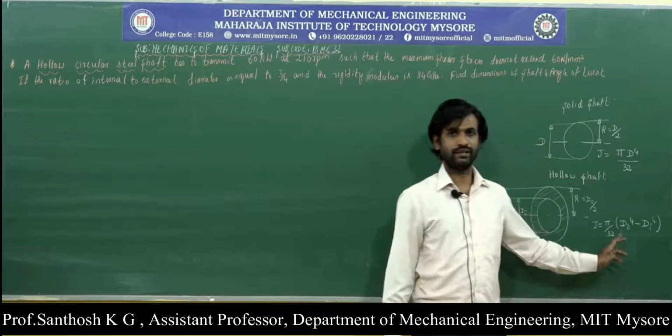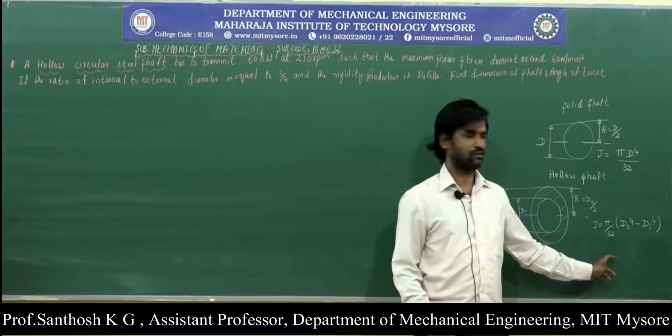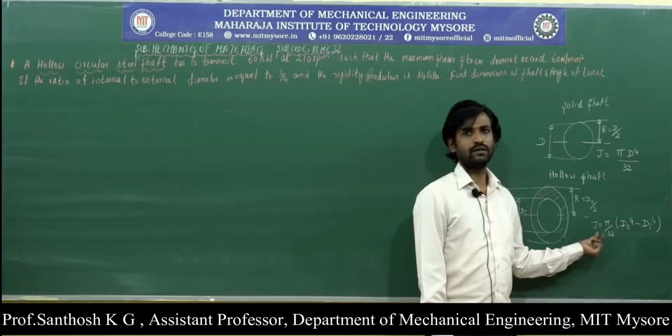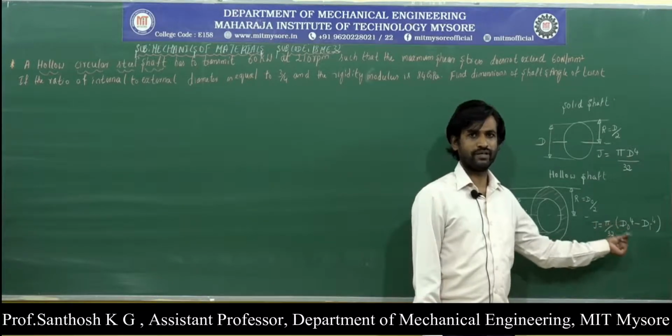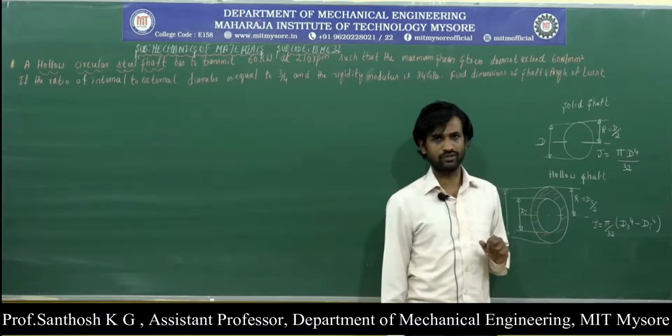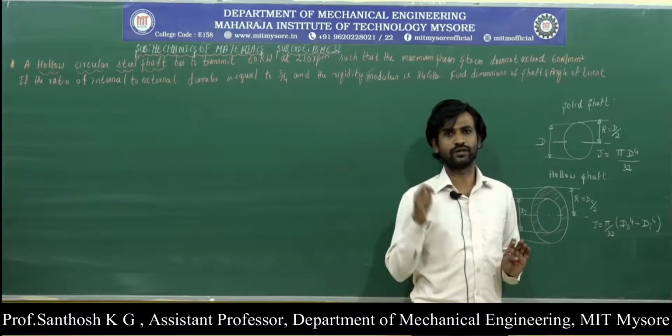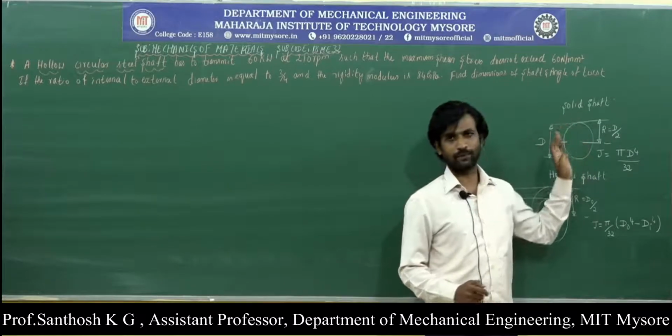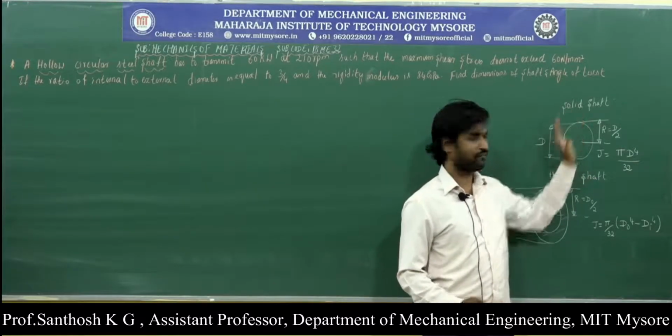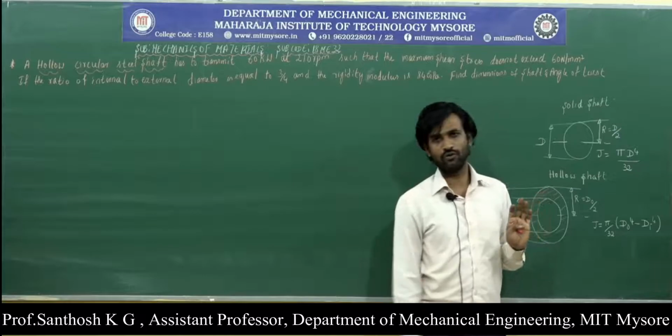This is the equation we can use to find the polar moment of inertia for the hollow shaft. So, these are the two major differences we should remember while solving the problems on the solid shaft as well as the hollow shaft.